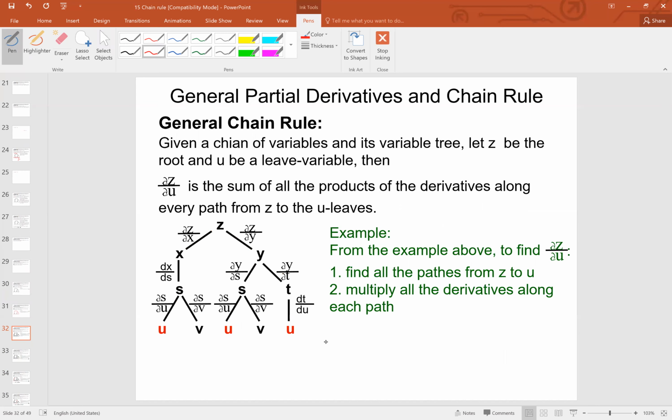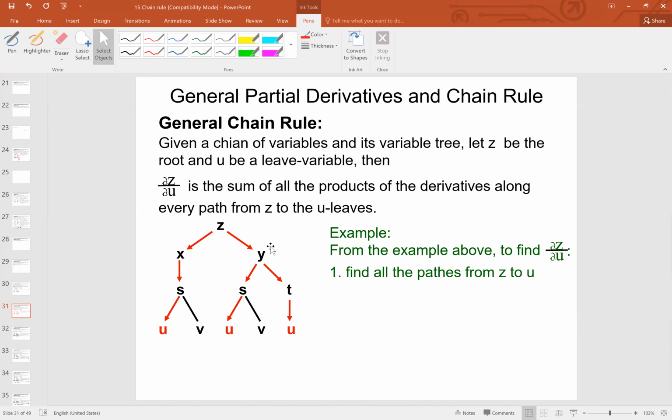For example, in this example, z is a function of x and y, x is a function of s and t, s is a function of u and v, and t is a function of u. Okay, that was the condition from before.